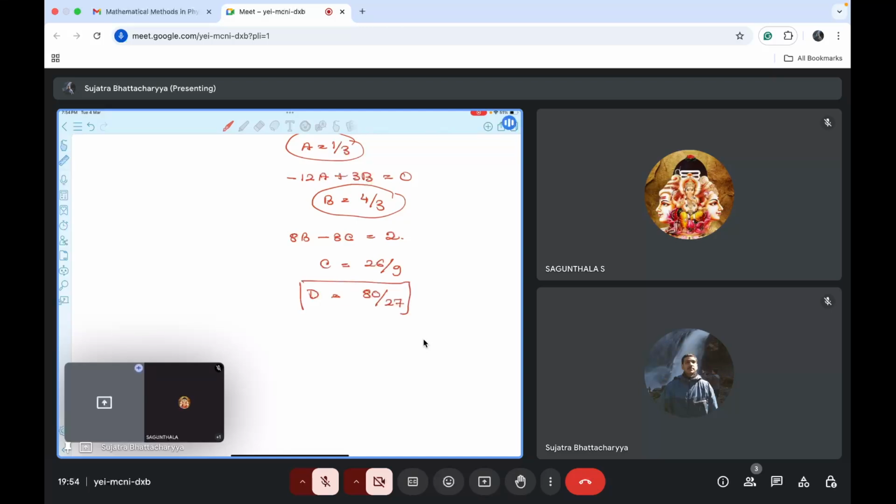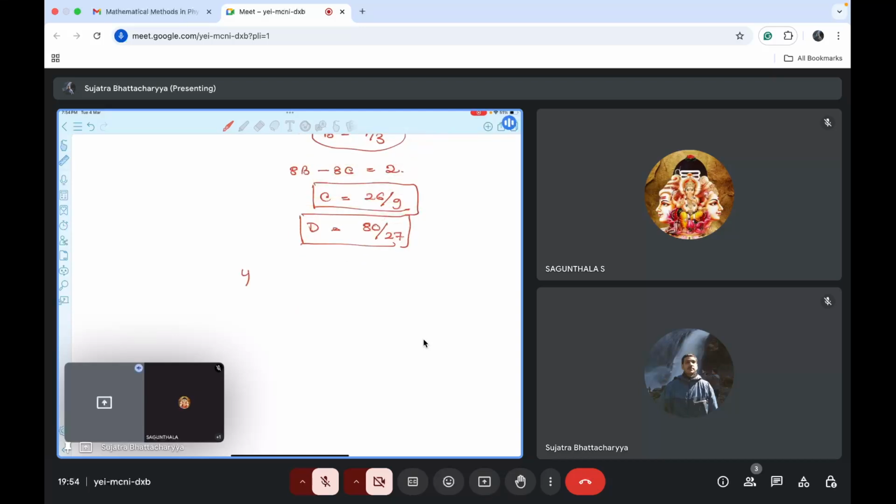These are the four values you will get. So finally, your solution yp will be simple. Just a minute, let me just write it. So it will be 1/3 x cube plus 4/3 x square plus 26 by 9 x plus 80 by 27. This should be the answer.